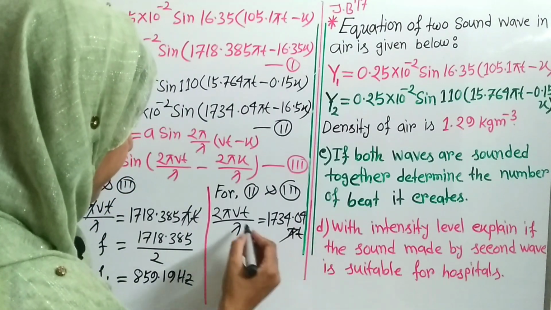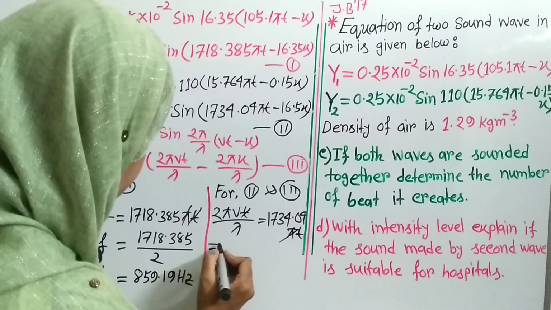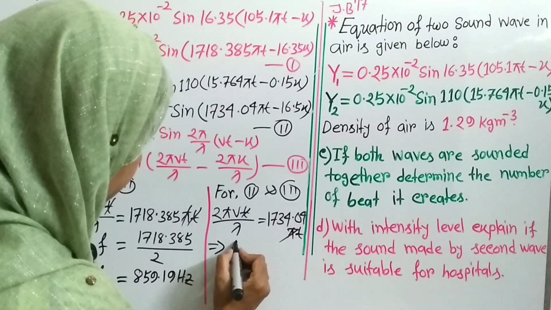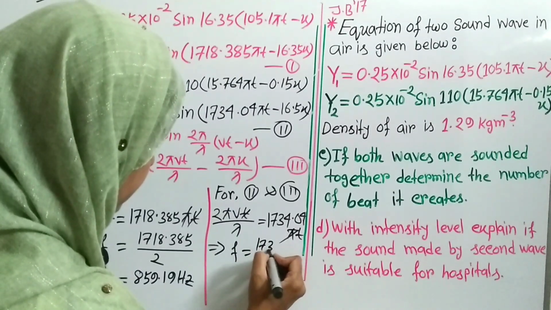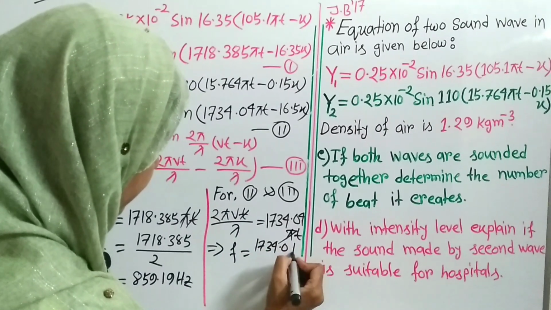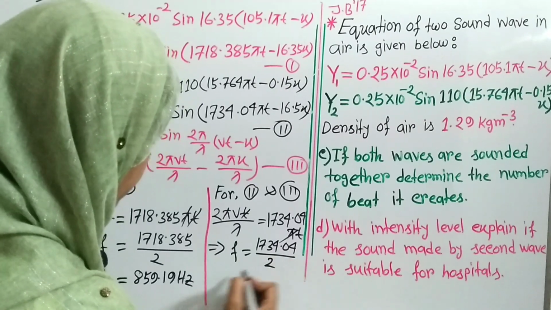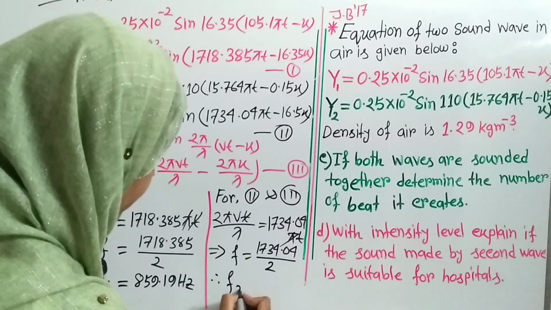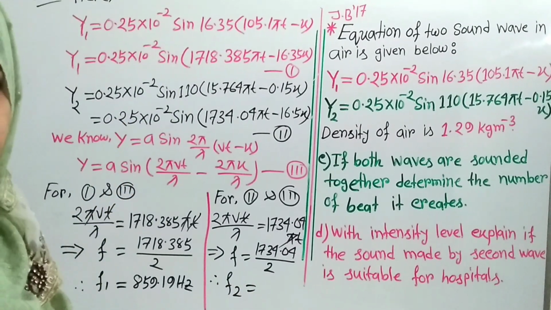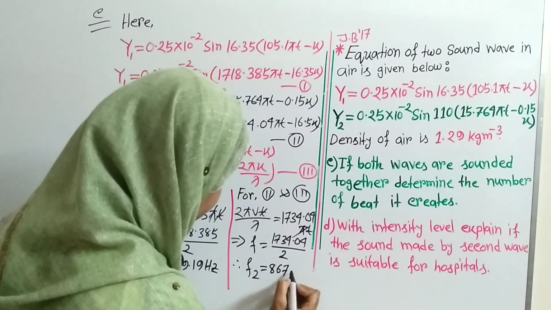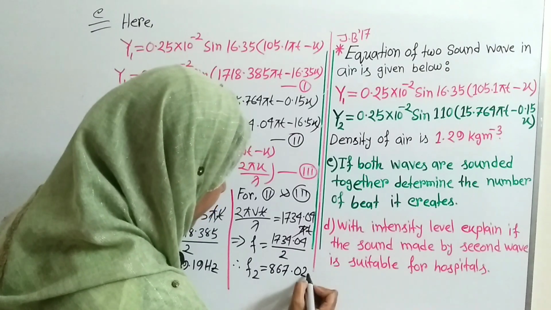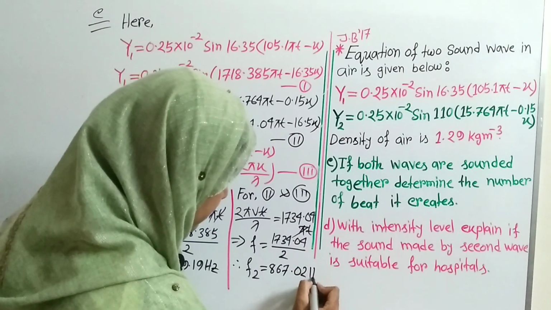Now pi t and pi t cancel from both sides. So here f2 will be 1734.04 divided by 2, and the value of f2 will be 867.02 Hertz.